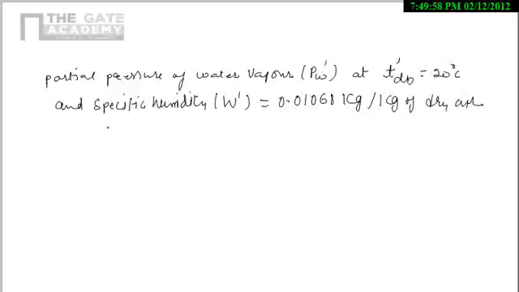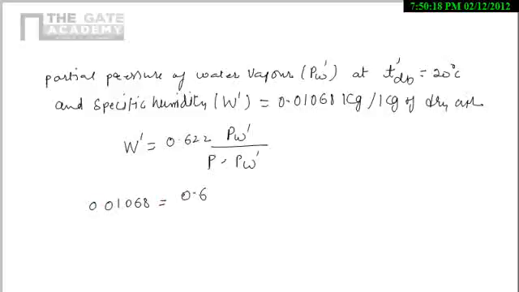So now we have the formula W dash equals 0.622 PW dash divided by P minus PW dash. Remember one thing, the atmospheric pressure P will not change. So now the W dash we have is 0.01068, and 0.622 PW dash we have to calculate.